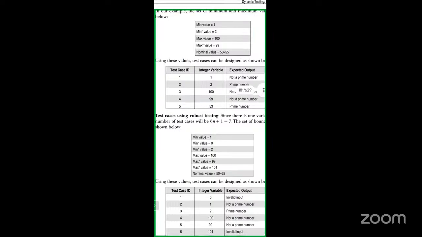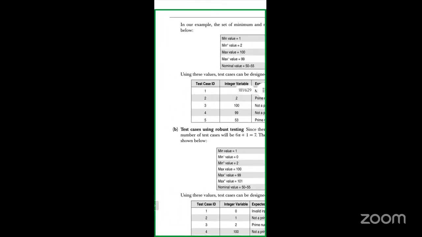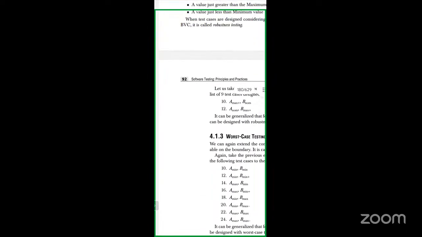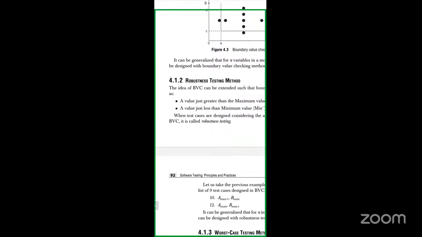Now the test cases using robust testing. Here in robust testing, we need to go through 6 different values.